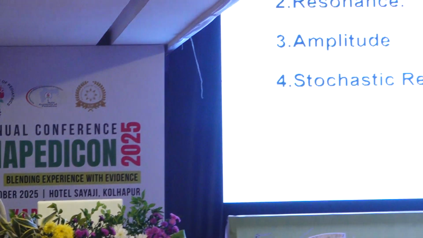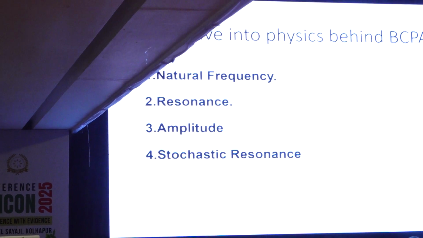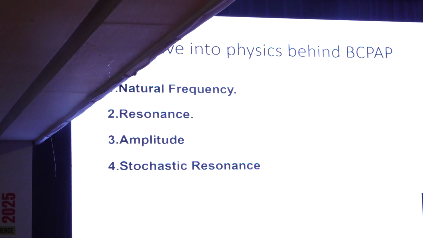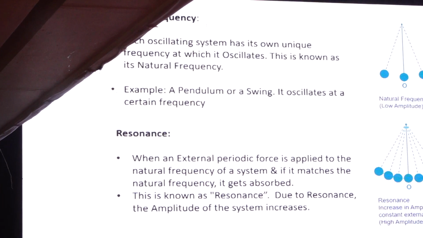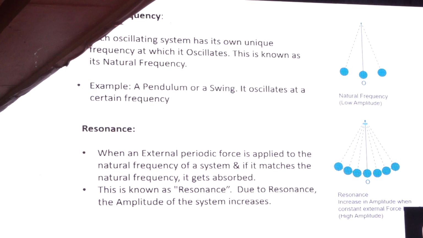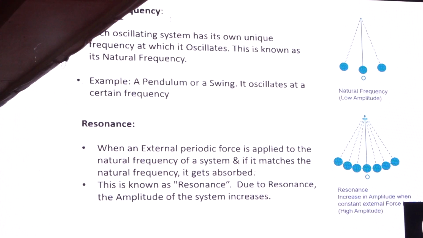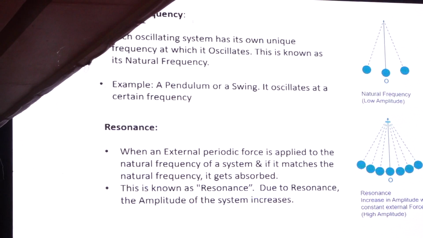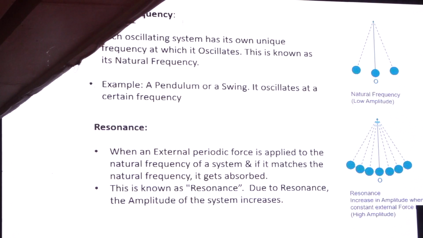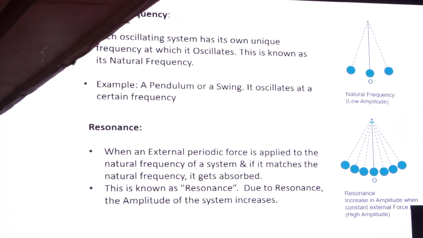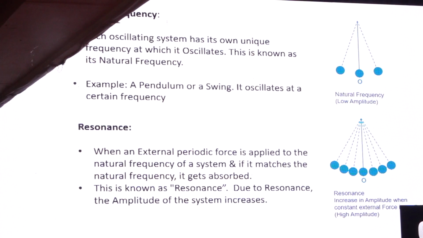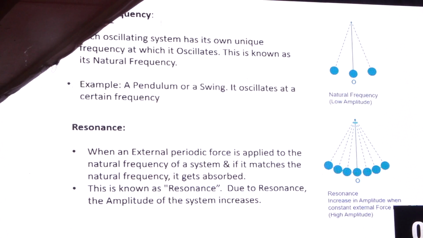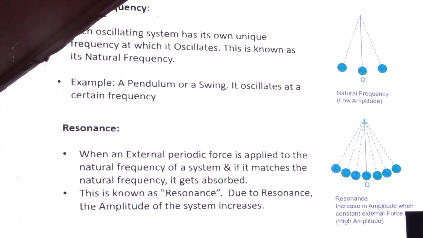Now what is the physics behind this? Natural frequency, resonance, amplitude, and stochastic resonance. Now we all are aware of those old time wall clocks where the pendulum keeps on moving, and we have been taught in our physics also. Now when an external periodic force is applied to the natural frequency, then what is created is called resonance.